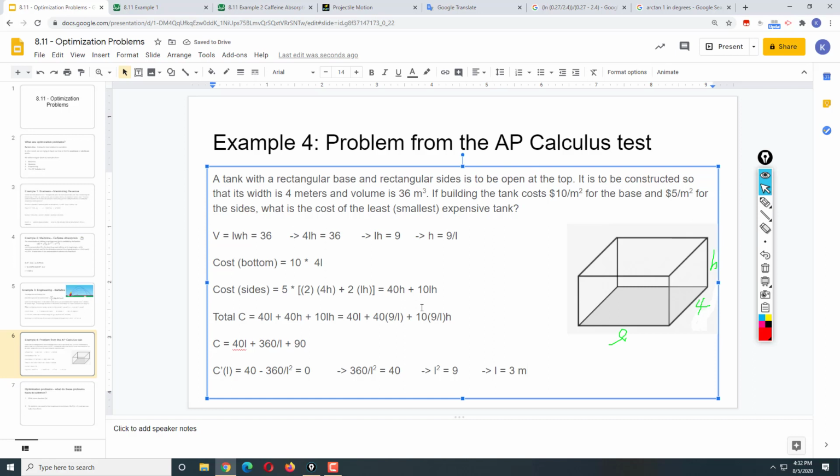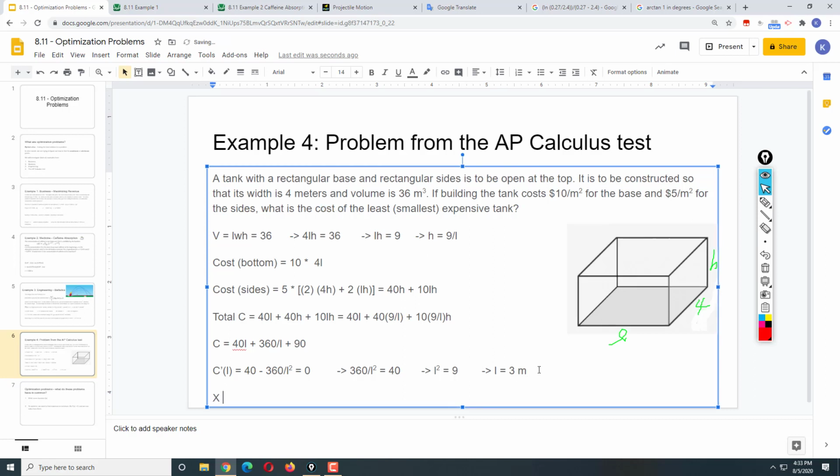So that means we want the length to be 3 meters. We're not done yet. They're not asking us what the length should be for the least expensive tank. We want the cost. So we plug this back into C. C is the cost. C is 40L, so 40 times 3, plus 40 times 9 over L, 9 over 3, plus, actually let's use this one, it's more simple. Any of them will work.